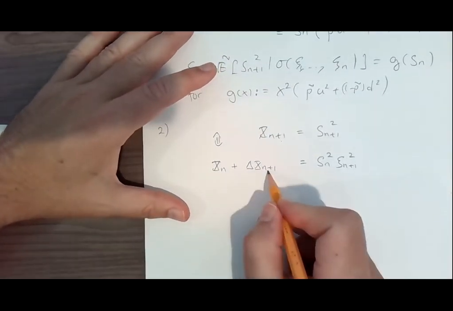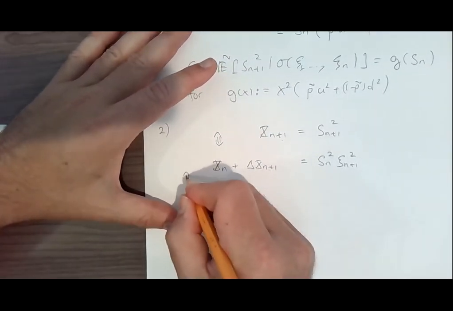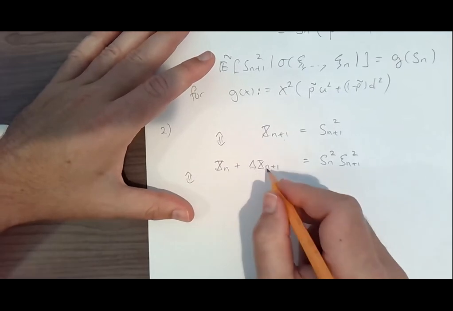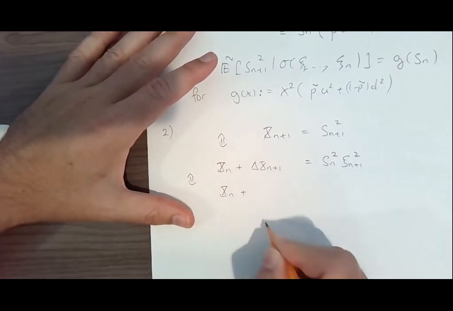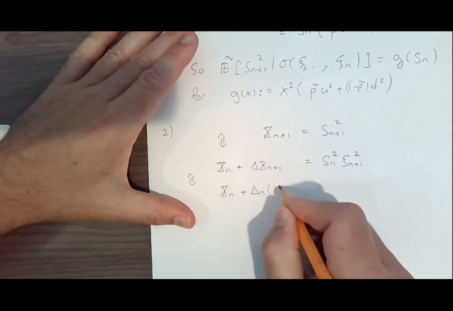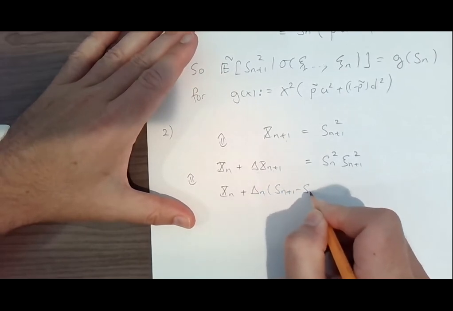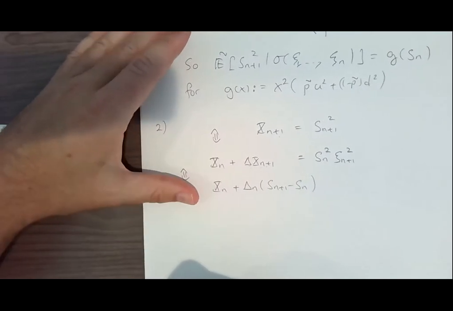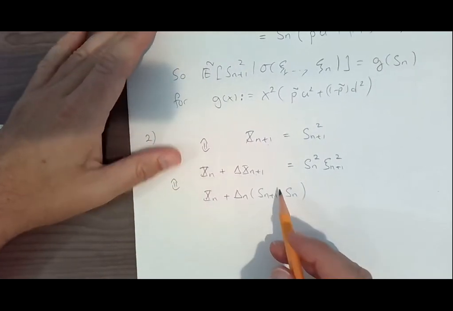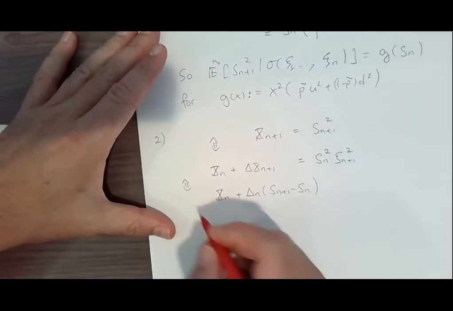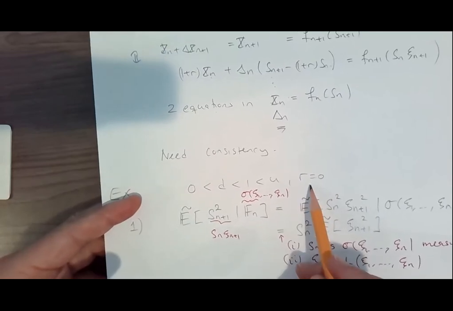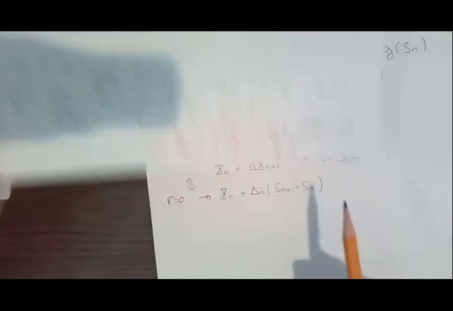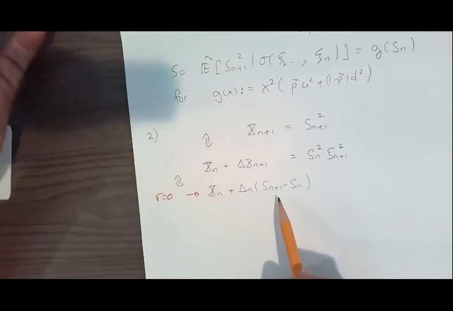I will then plug in what this here is, and now keep in mind the interest rate is 0, so I'll get that this is x_n plus, and it's just going to be delta n times S_{n+1} minus S_n. It's a bit simpler. This step here uses that r is 0. There's an assumption made in the problem that r is 0, and it simplifies this equation here.